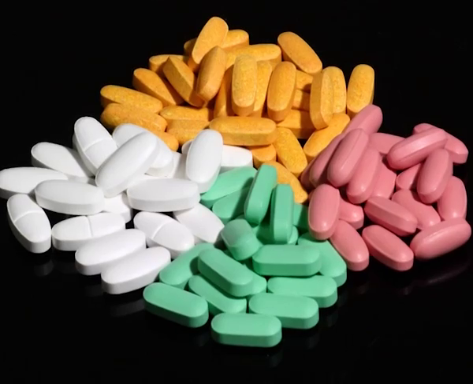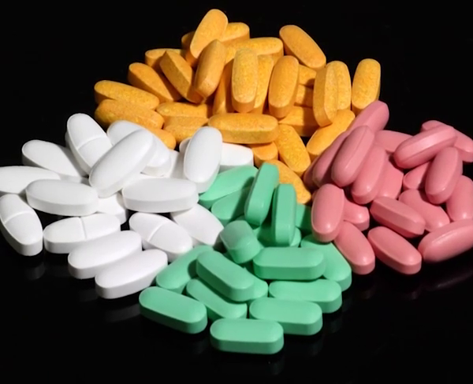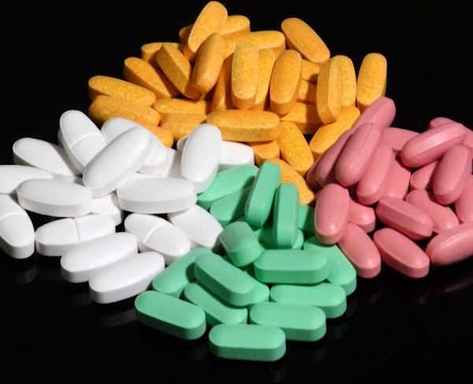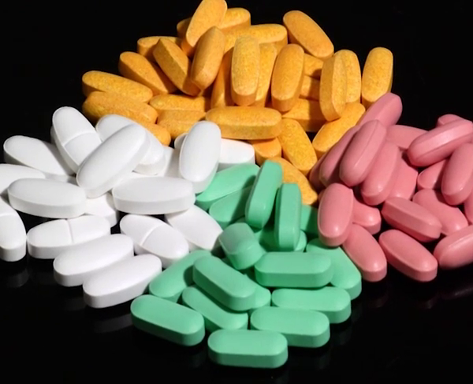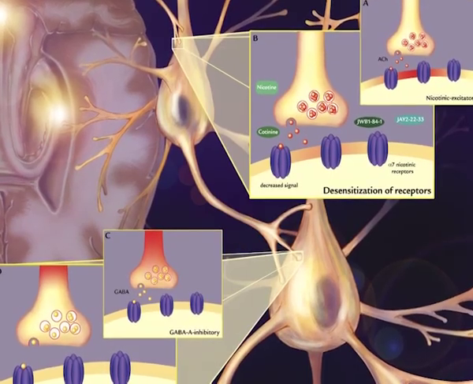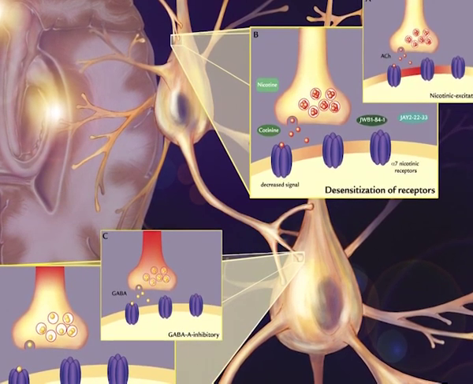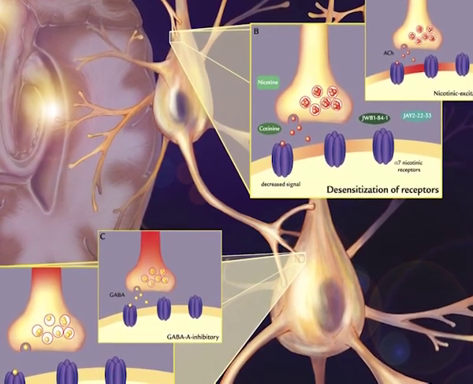The next is phase 2 block. This phase progresses to a state in which the block appears similar to that produced by non-depolarizing agents. That is, it becomes responsive to high concentrations of acetylcholine and can be reversed by acetylcholinesterase inhibitors. It is slow in onset and results from desensitization of the receptor to acetylcholine.